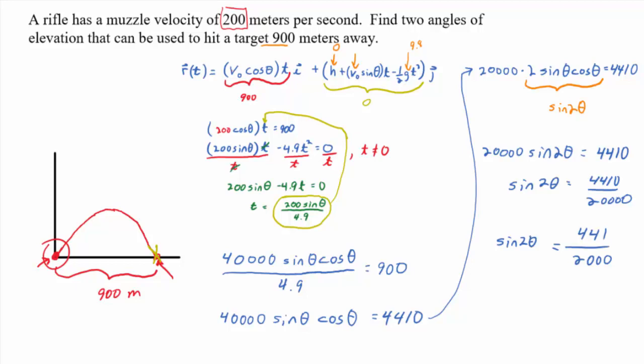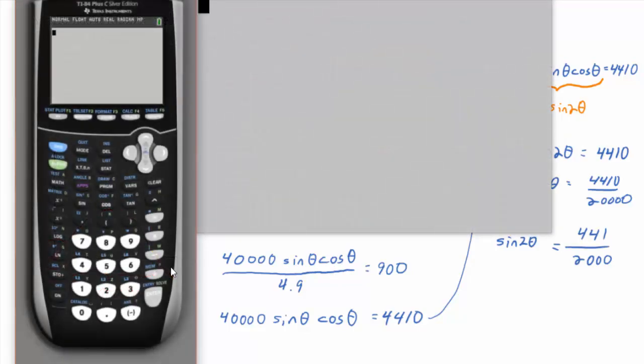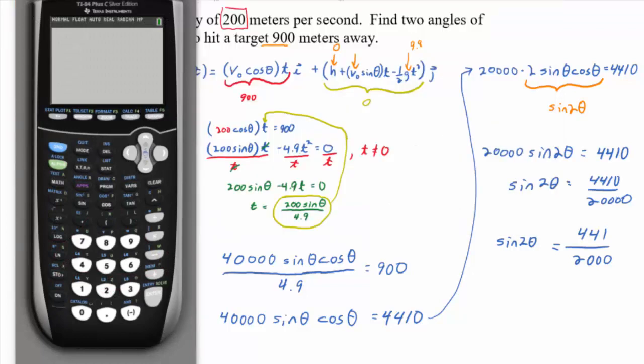Okay, so you want to solve this thing. Let's just estimate the answers on our calculator. I think I gave you the answers in degrees, right? So let's use degrees. How do we get the 2 theta by itself?